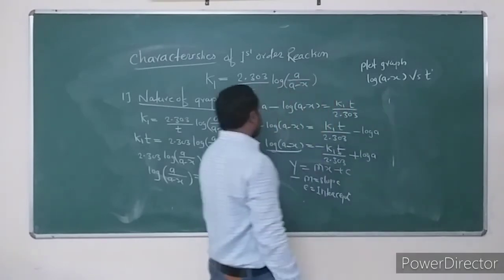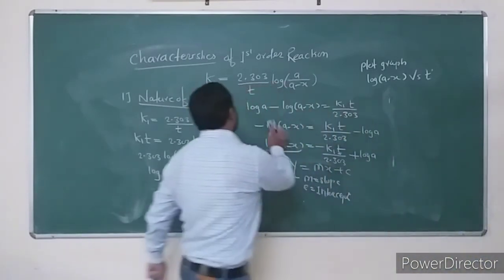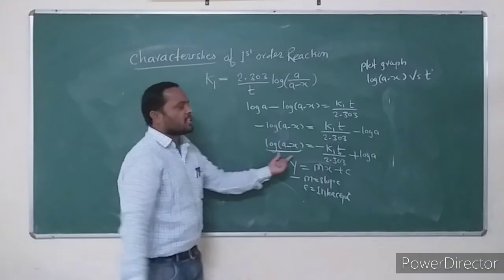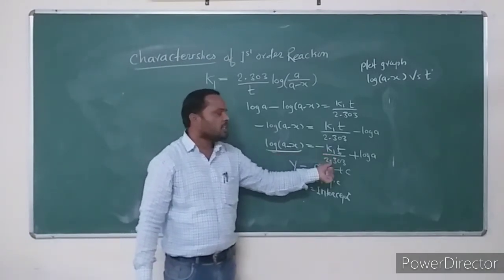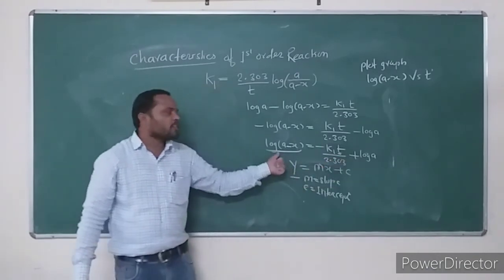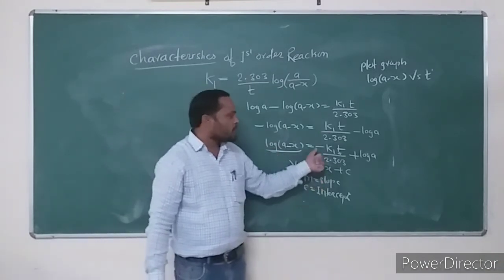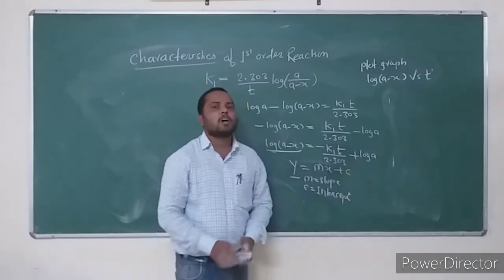Consider the nature of graph: the straight line is obtained. Using the straight line equation log a minus x is equal to minus k1t upon 2.303 plus log a, y is log a minus x, m is minus k1 upon 2.303, x is t and c is log a.